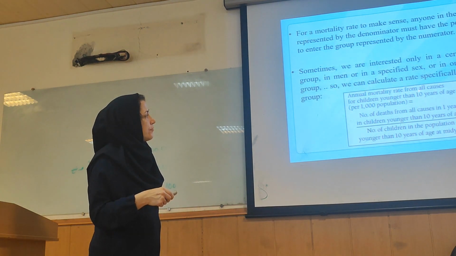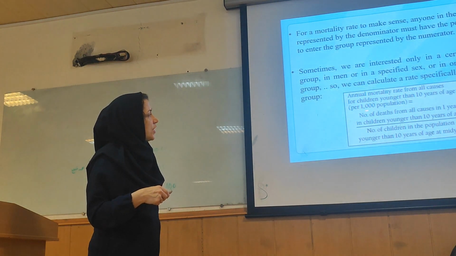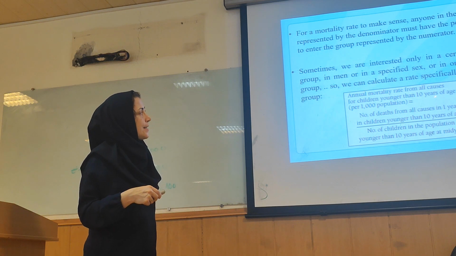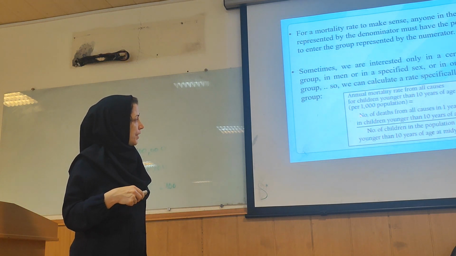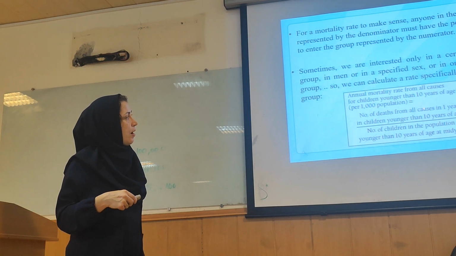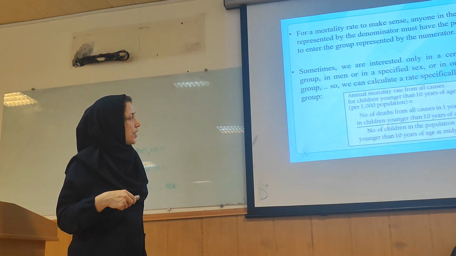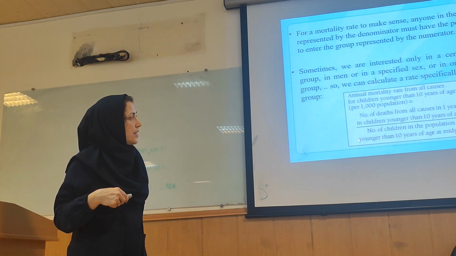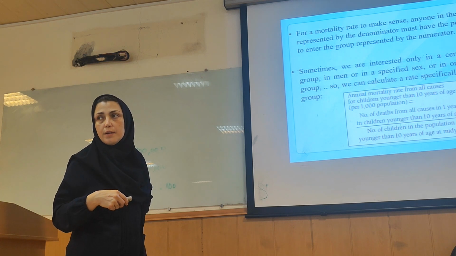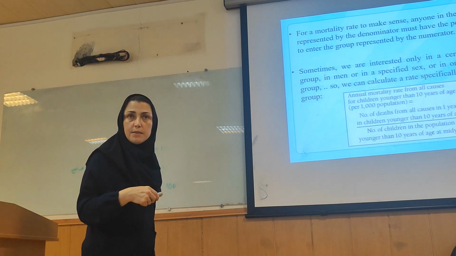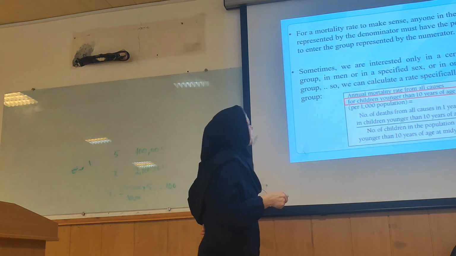Annual mortality rate from all causes for children younger than 10 years of age. So the numerator is the number of deaths from all causes in 1 year in children younger than 10 years, divided by the total size of this population. Okay? Is it clear? Yeah. Okay.